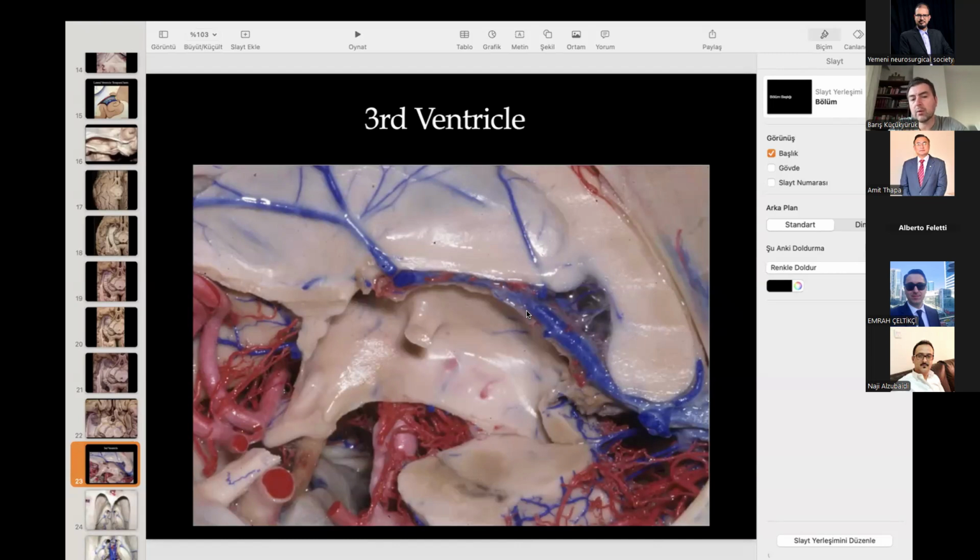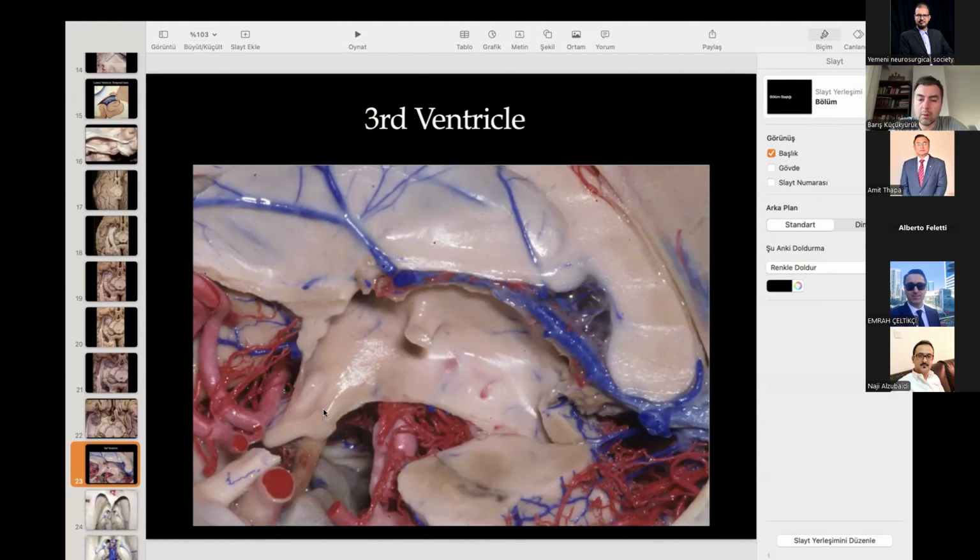We'll see them in more detail, but let me name them here. The venous structures, which we also see here, are the internal cerebral veins, and the arterial structures are the medial posterior choroidal arteries.